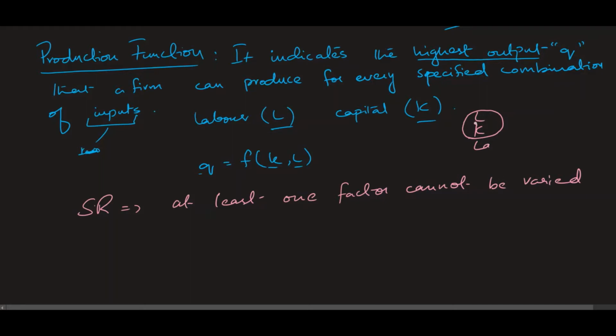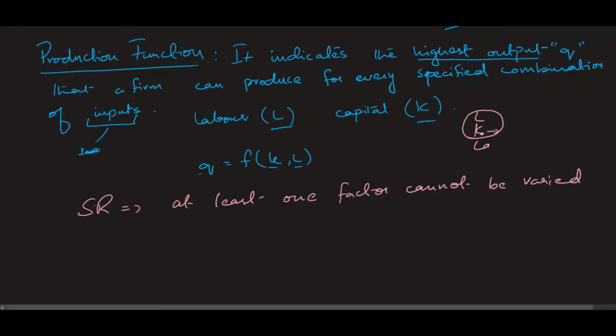We know that we can increase and decrease the number of labor whenever the producer wants, but he cannot always increase and decrease the quantity of capital, because it takes a lot of time for a firm to install new capital or to change the technology which that particular firm is already employing. The first thing a firm does is identify the assets and the capital it has, and then the firm starts to employ labor.